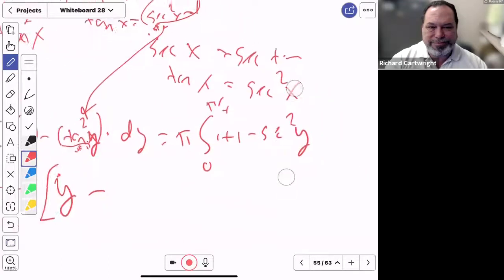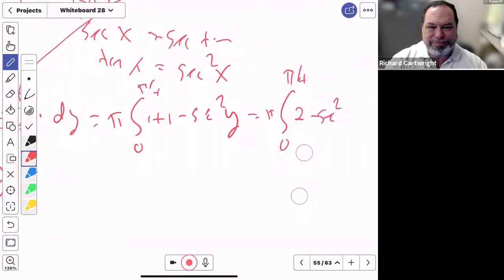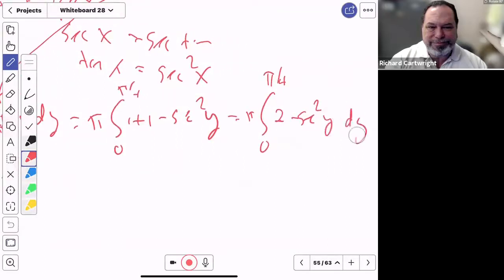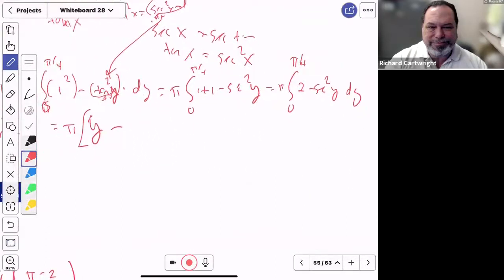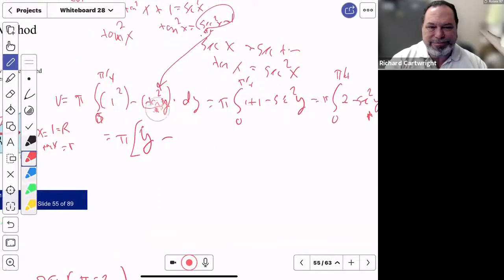So you're really integrating 2 minus secant squared y. Well, who would have thought that would be an issue? But I can do that integral. I could not do the other integral.